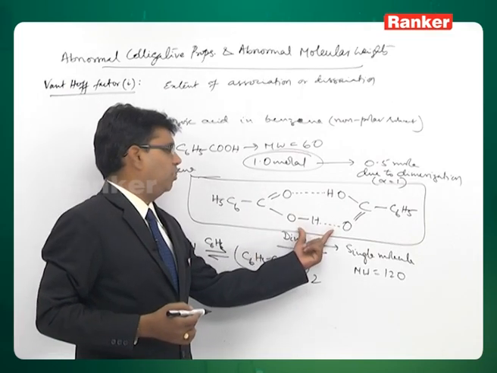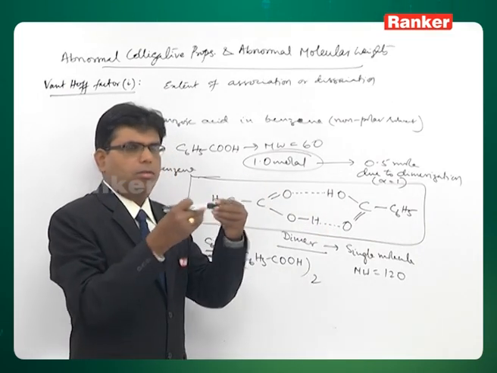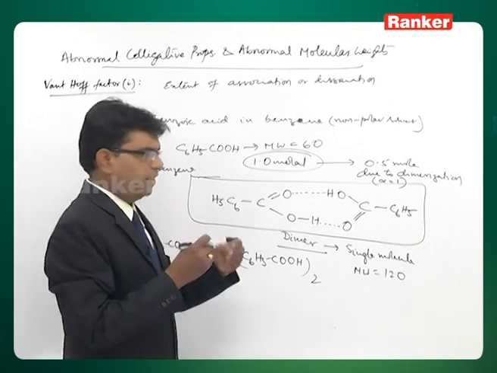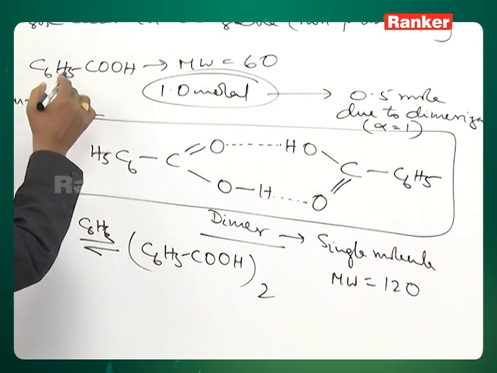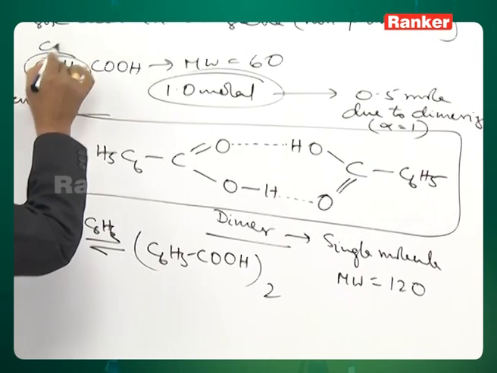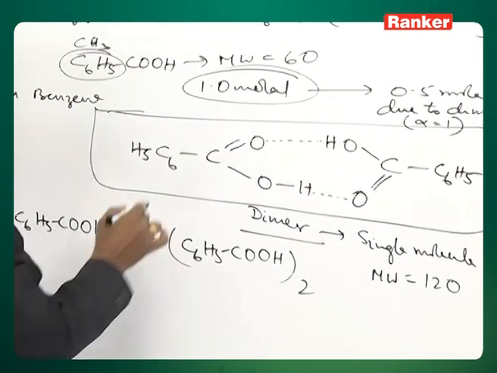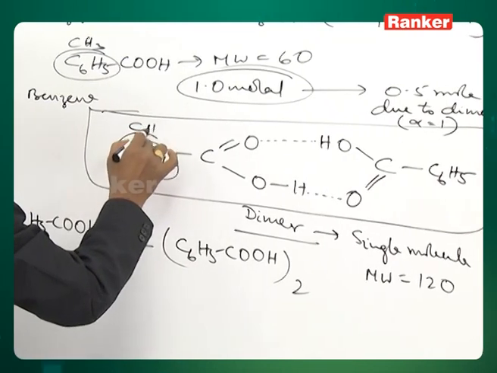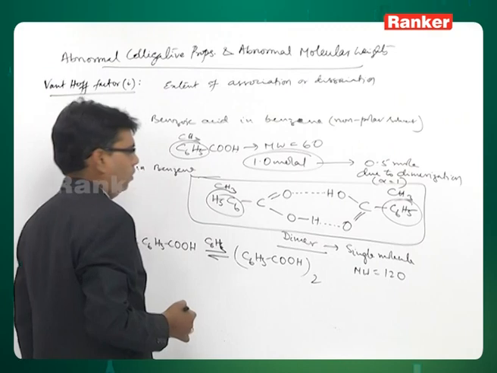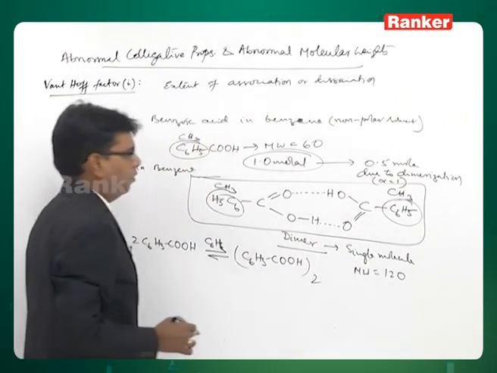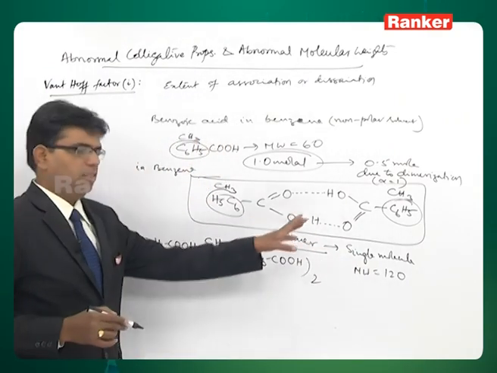All the acetic acid molecules get dimerized; here the molecular weight is 60 and the dimer molecular weight is 120. For benzoic acid, of course, it is different.